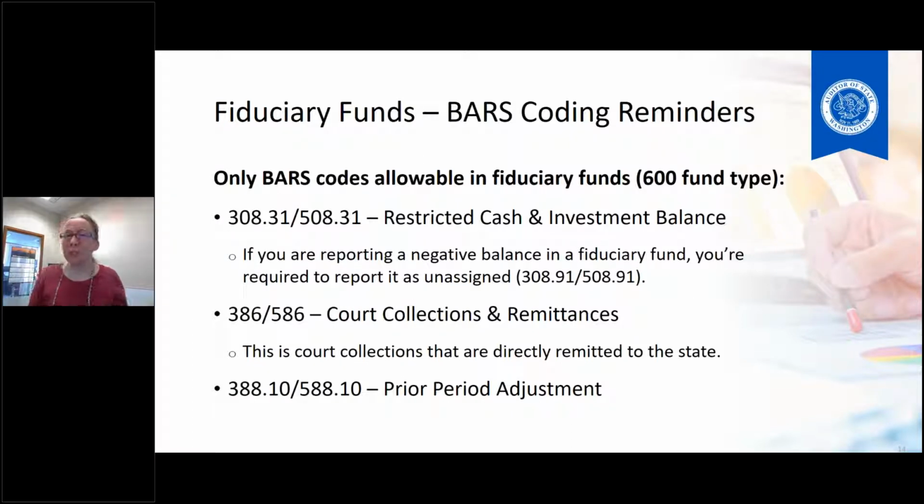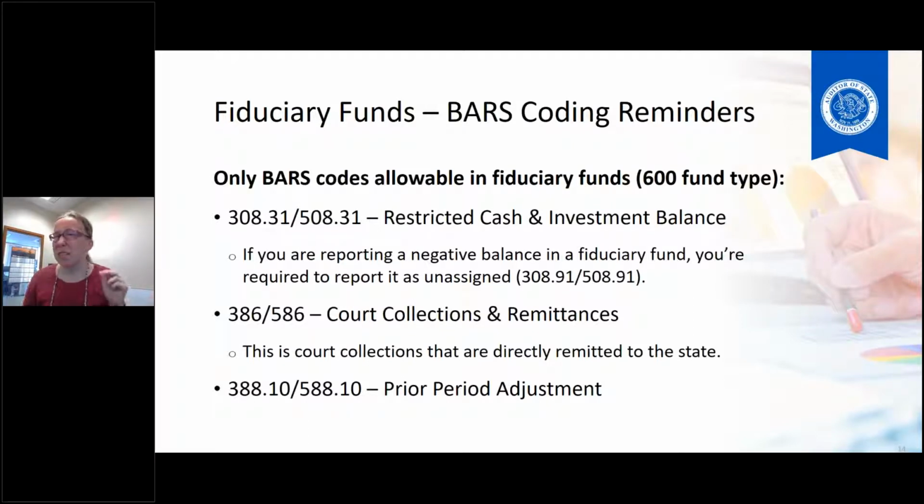Under normal circumstances, that's going to be under your 30831 and 50831, which is your restricted cash and investment balance. Fiduciary funds are assumed to be restricted because there is an outside entity directing the use of that money because it is their money.